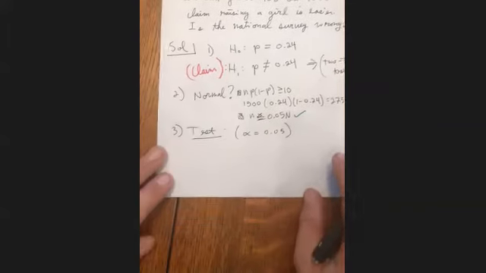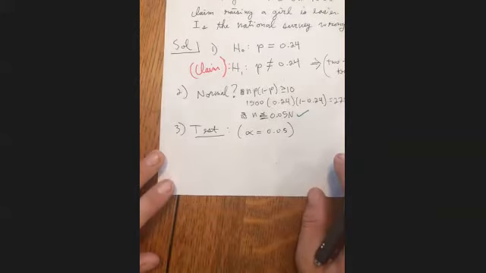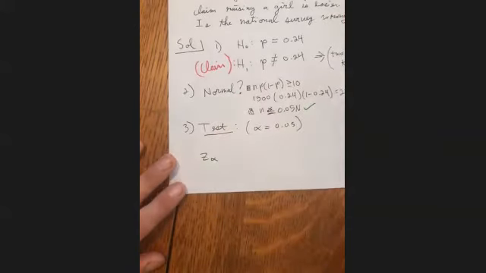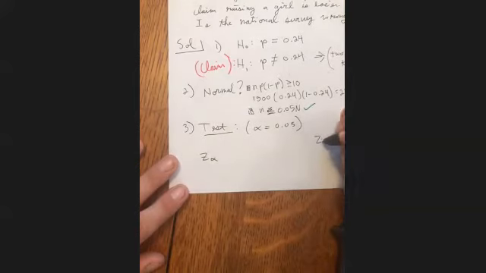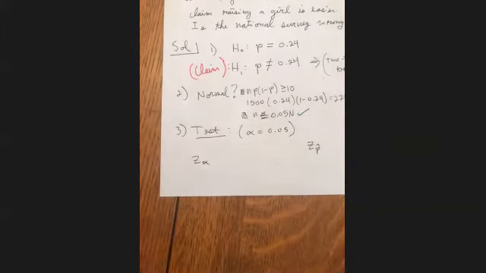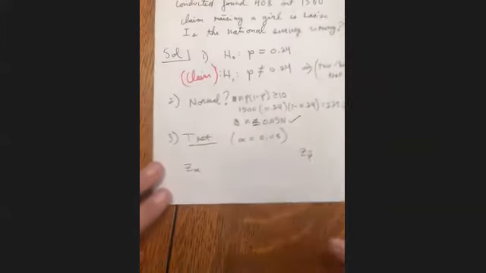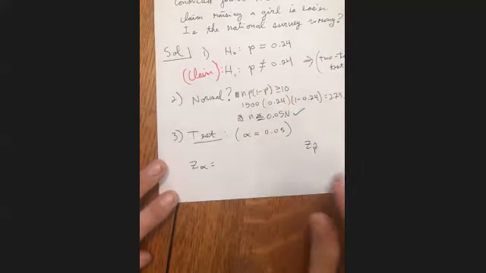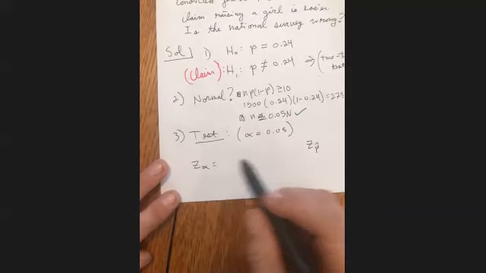To conduct the test, we need two values. We need the critical value, which is the Z alpha value, and we need the test statistic, which we'll just call the Z of p hat value. Okay, so where do we get the alpha value? Well, the Z alpha value actually is a misnomer here.